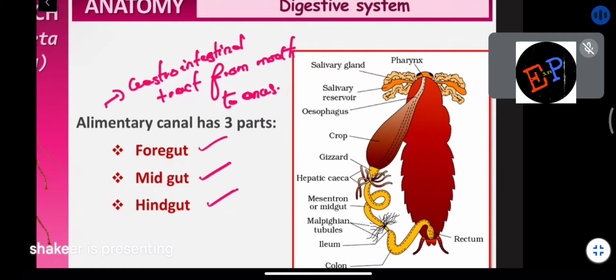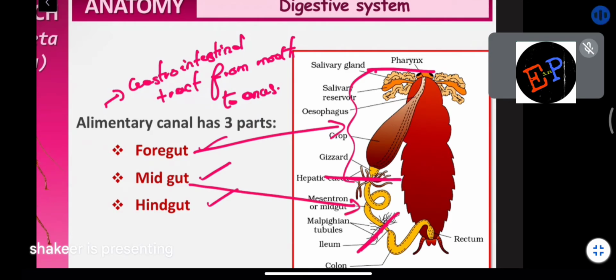So starting from the mouth up to here, this is called the foregut. Are you able to understand, ma? And from here to here, this region is called the midgut, and the region from here up to the total ending is called the hindgut. Okay, so these are the three parts of which the alimentary canal is made up. Are you able to understand?